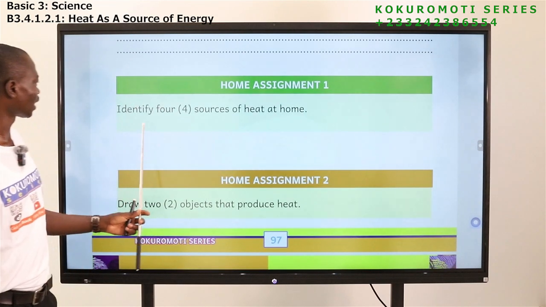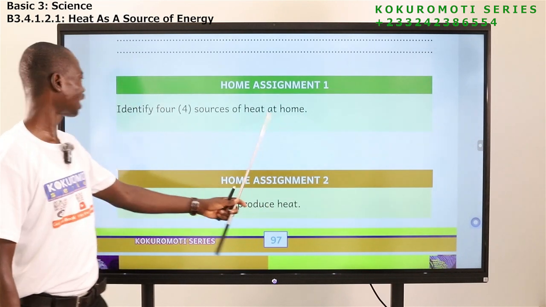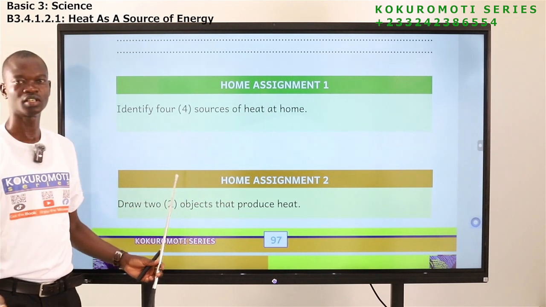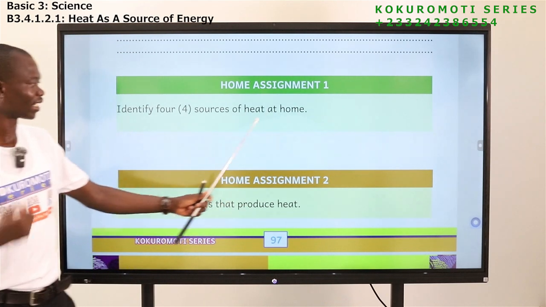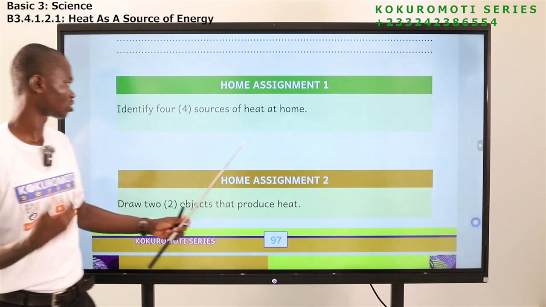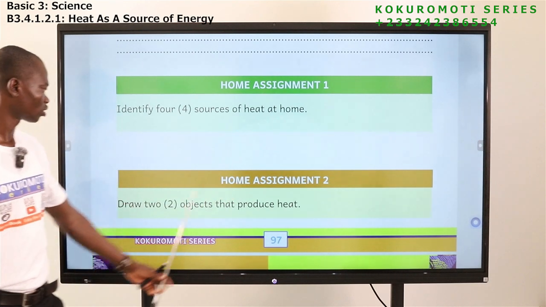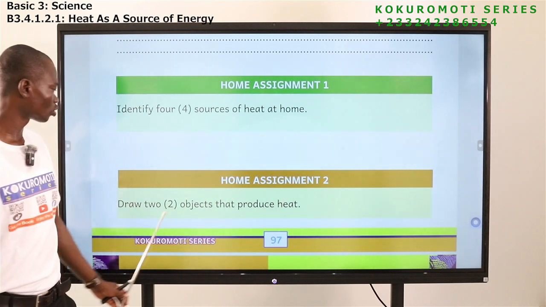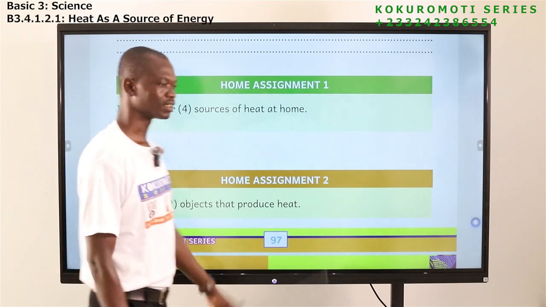So let's look at this one. Identify 4 sources of heat at home. So in the house, you should be able to tell where you can get heat, sources of heat in the house. Okay, the next one, 2. Draw 2 objects that produce heat.